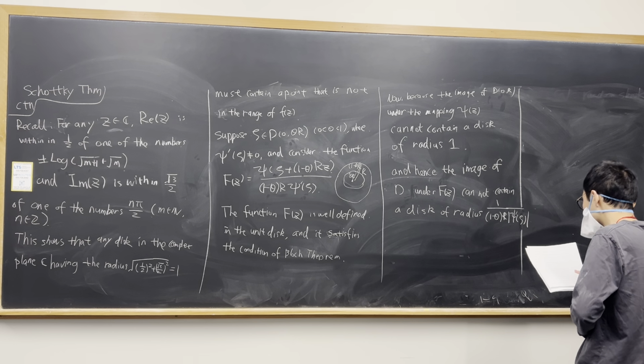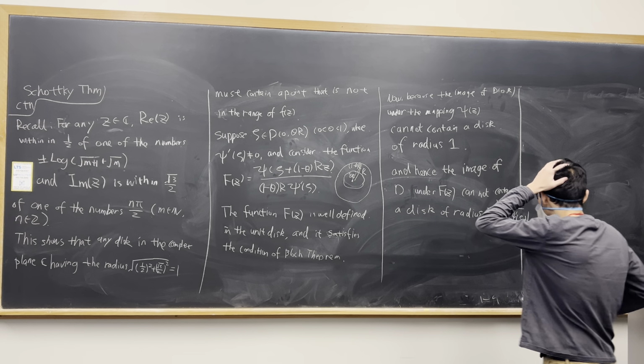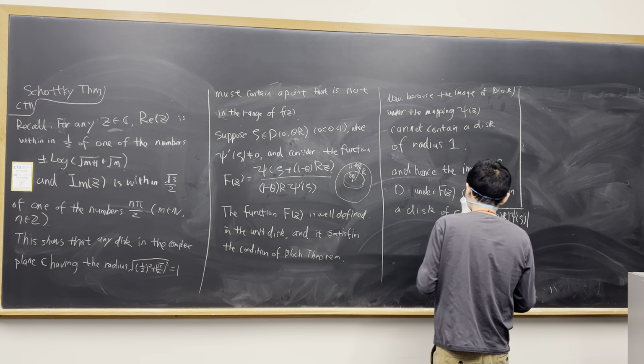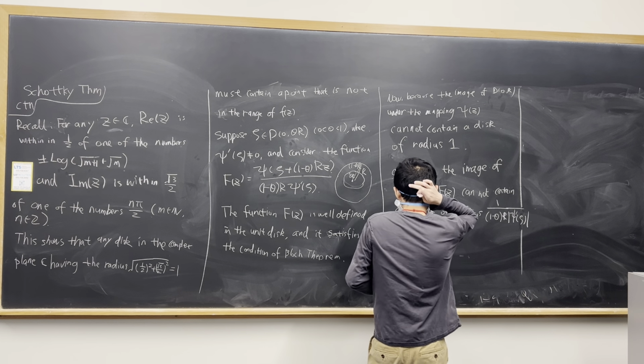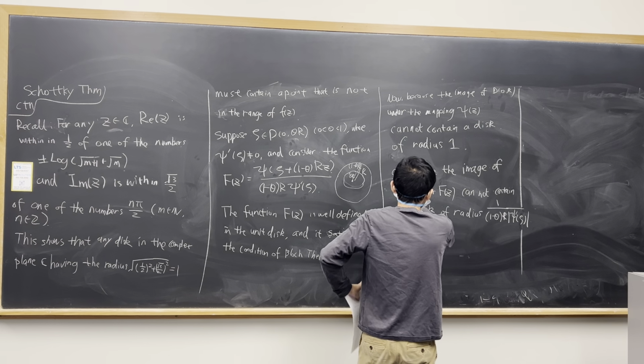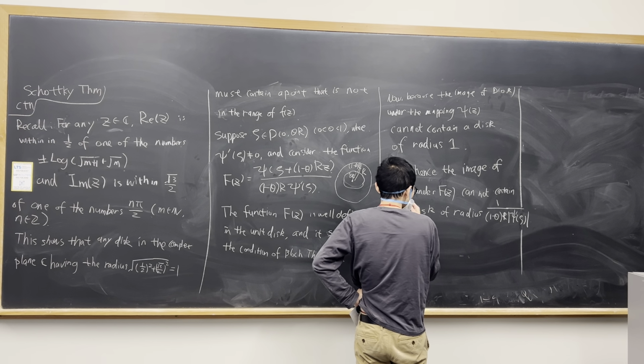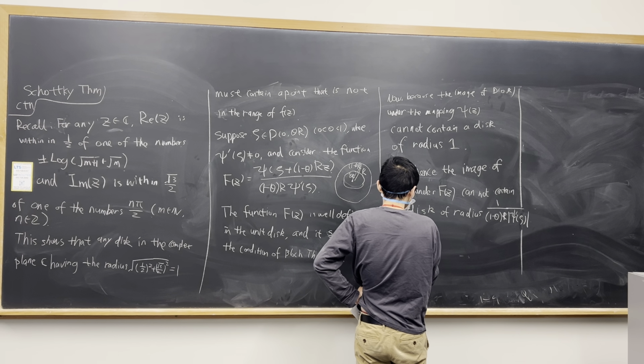Oh, wait, yeah, maybe I'll do it. So the thing is that here, this image D under this f. Okay, so let's see, y is something like this of radius that.